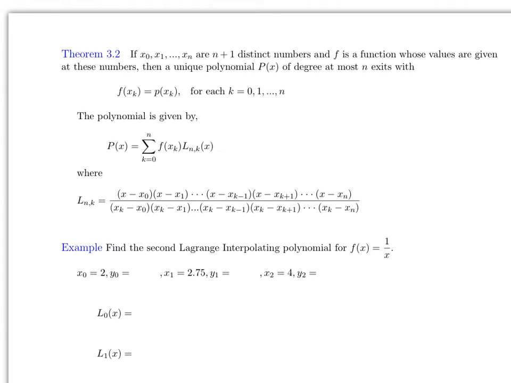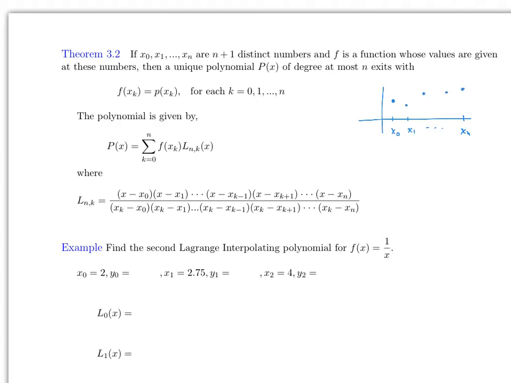It says, if you have n plus 1 distinct numbers for x, okay, so remember we're in the x-y axis, so this will be x0, x1, all the way to xn, and f is a function that is defined at those given values. So the function will be defined at these specific values.